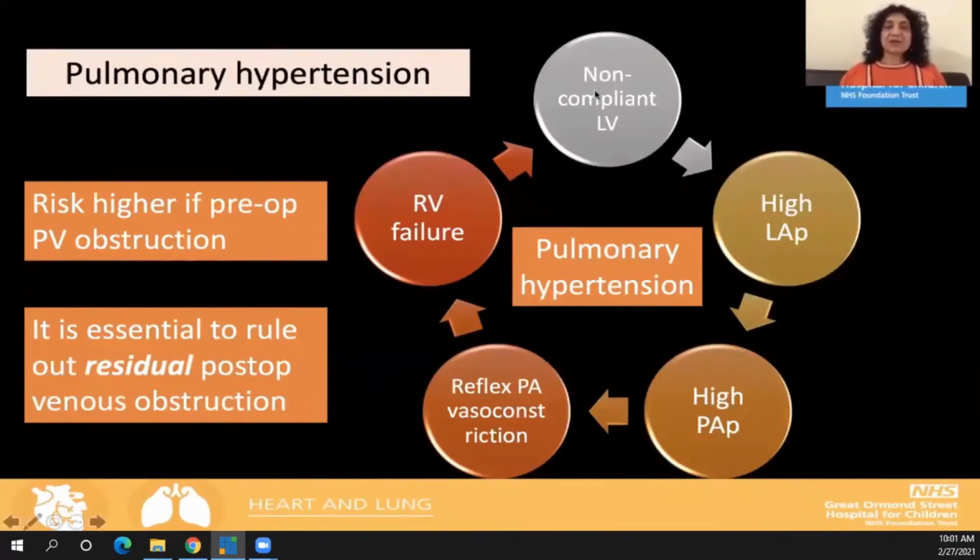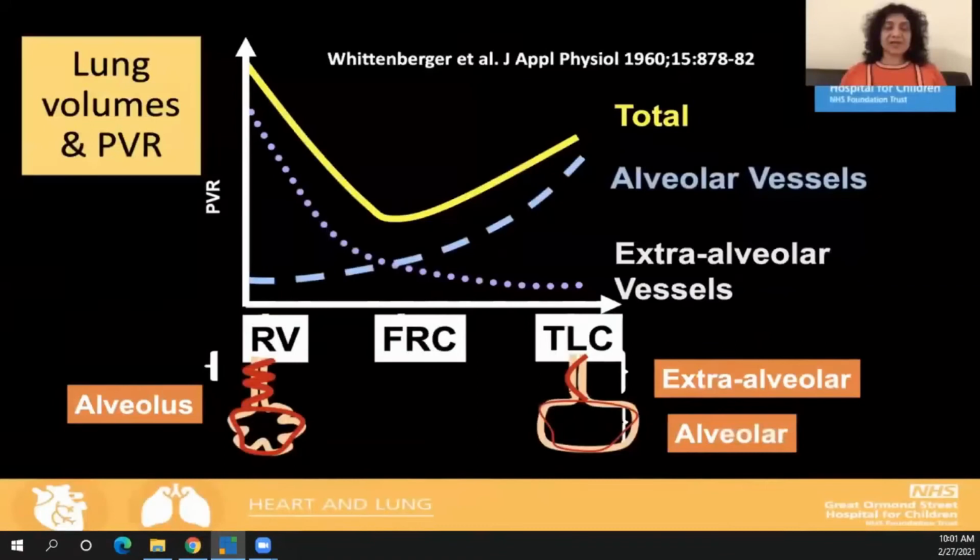A small non-compliant left ventricle leads to high left atrial pressure, and that in turn leads to high pulmonary arterial pressure with reflex pulmonary arterial vasoconstriction, and this can cause RV failure, and an RV failure in turn can impact on the left ventricular function. In the situation where there is significant pulmonary hypertension in the immediate postoperative period, it is essential to rule out any residual postoperative venous obstruction.